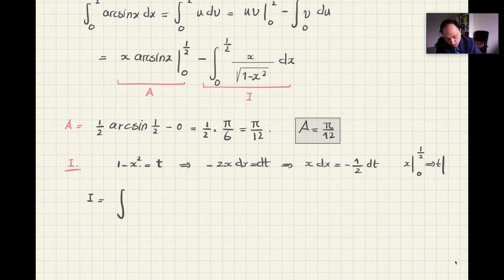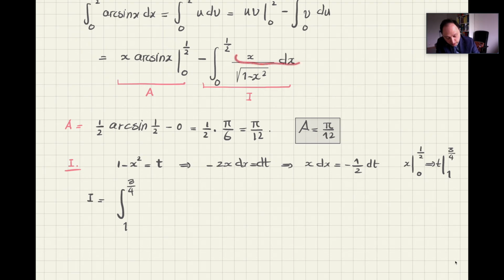I put 0 instead of x, t becomes 1. So the lower limit is 1. And then x is 1/2, so I put 1/2 here, it becomes 1 minus a quarter, so it becomes 3/4. So t becomes 3/4, so the integral goes from 1 to 3/4.